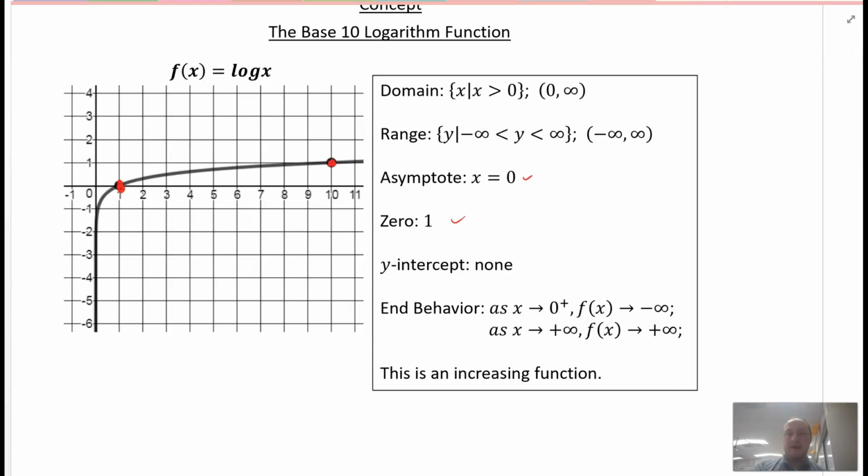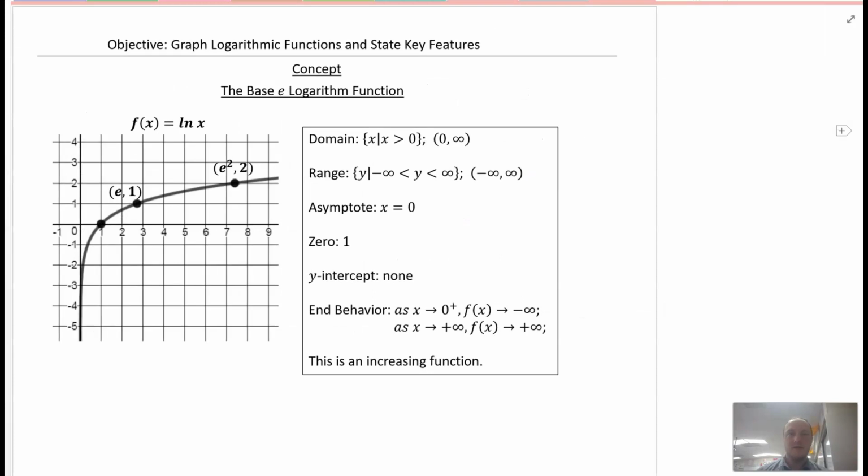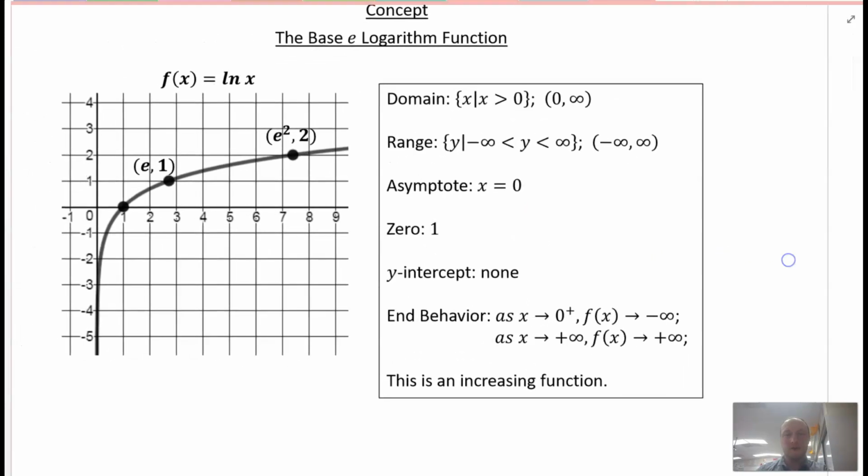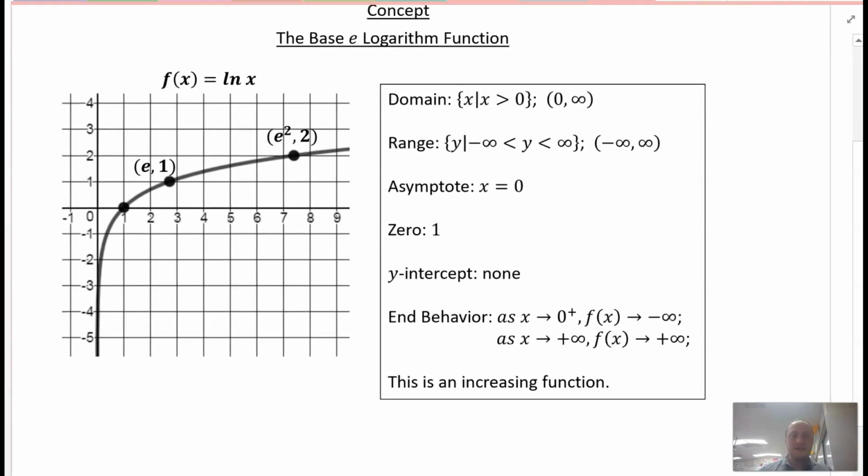The last parent function that we'll introduce is the base e function. So here is base e, the natural log of x, and the natural log of x again has the asymptote at x equals 0. So I have an asymptote, and I have an anchor point at 1.